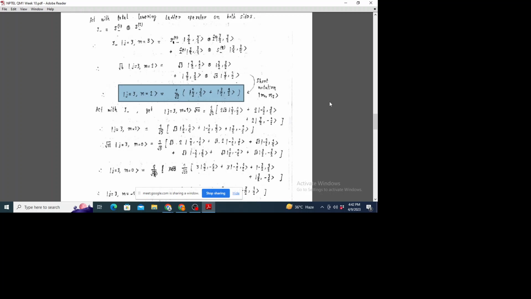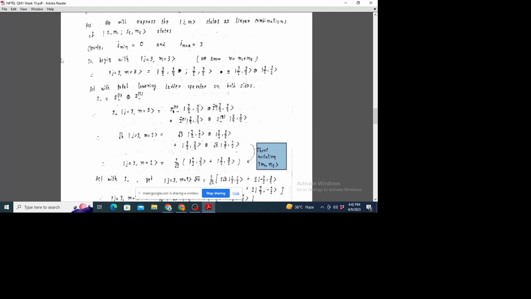So this is J equal to 3, M equal to 2, expressed as a linear combination of M1, M2 states. This is the shorthand notation usually employed, so these states are denoted by these shorthand notations.